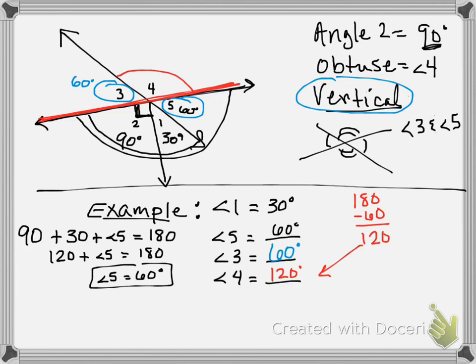Okay, so that's working with some angles, seeing how those things work together with one another. All right, let's go on to another type of thing. Instead of angle addition, let's look at some segment addition. So I have this long line segment. We say it's a segment because it doesn't go on forever.